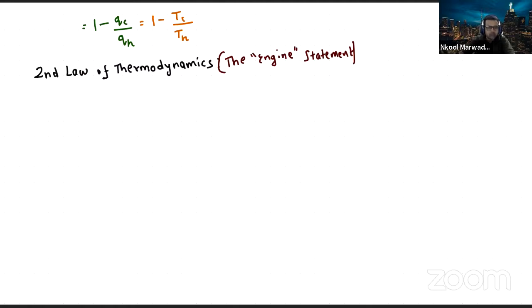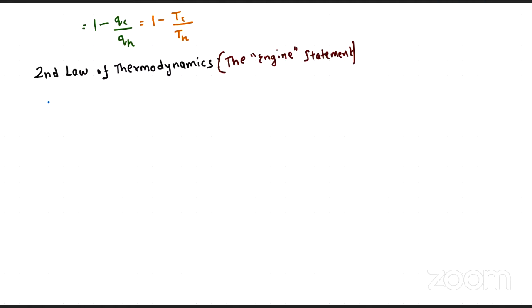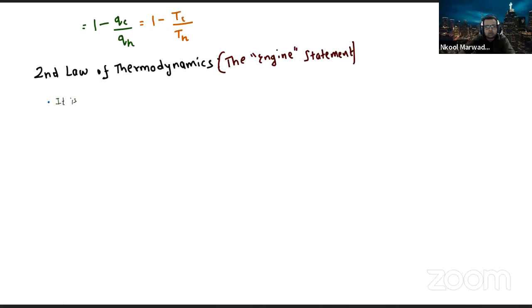Now let us look at them one by one. The first statement says it is impossible for any system to have an efficiency of 100%.